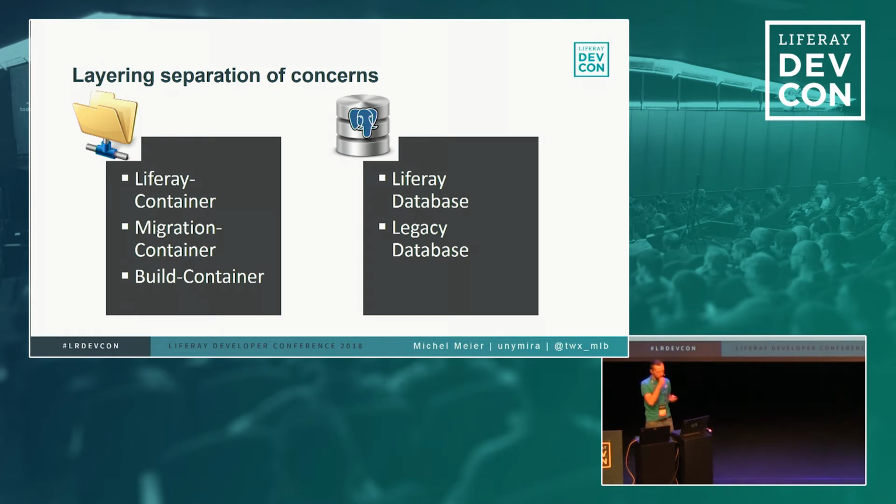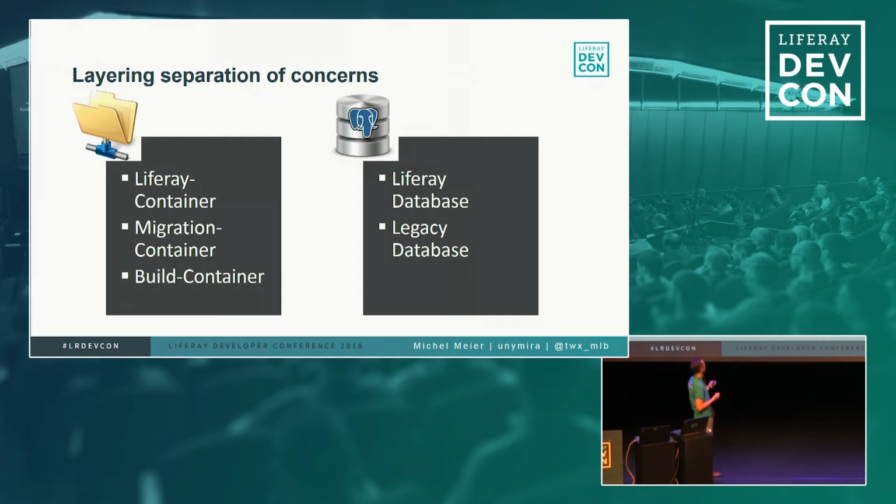Just a short slide on our setup, because there were some discussions at the unconference on how to cut the containers into several layers, or how to actually persist some state. What we did, we had 5 containers. You see here, the 2 databases, the legacy database from the old CMS and the Liferay database.